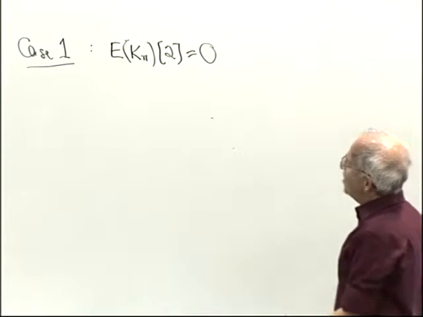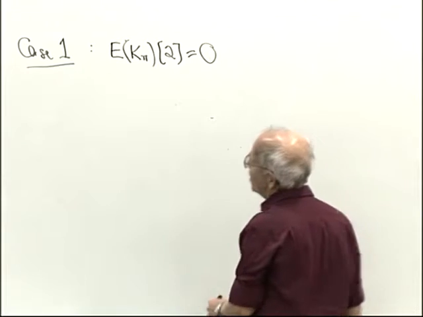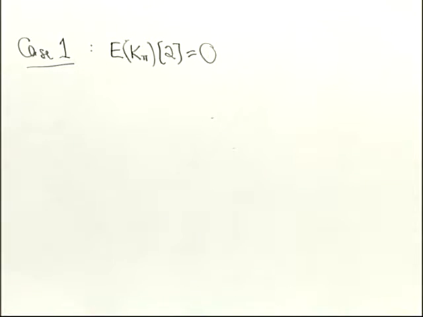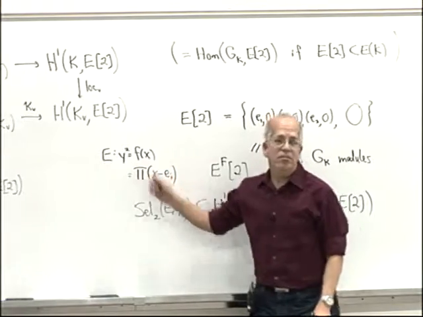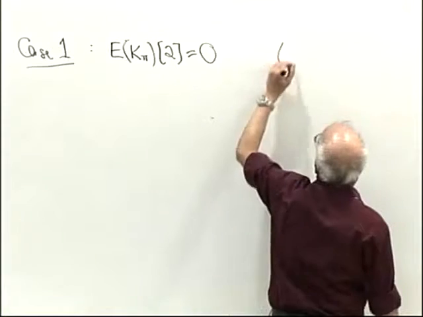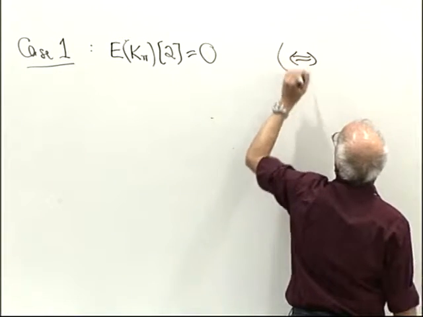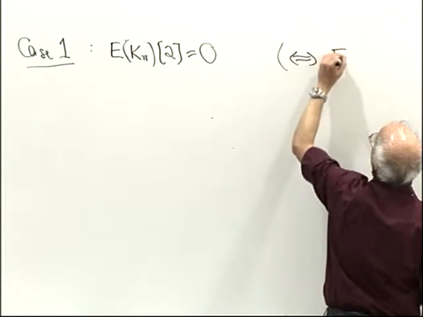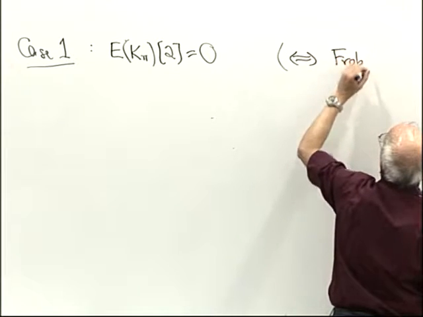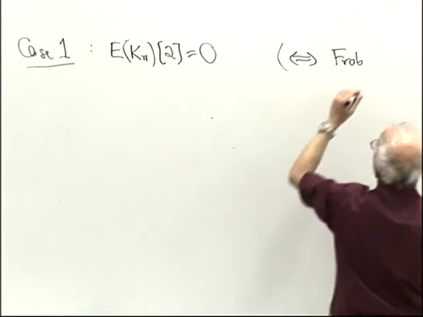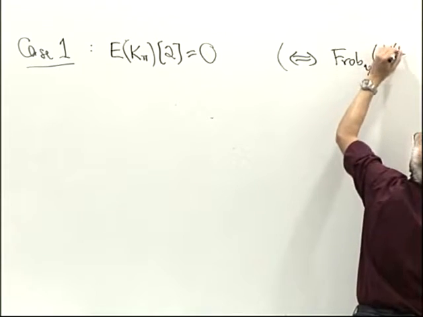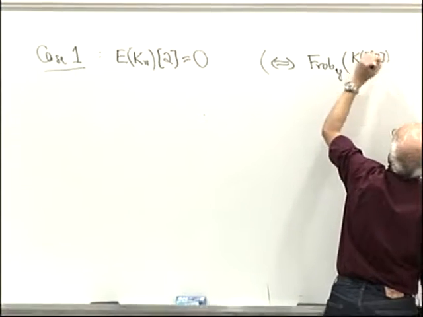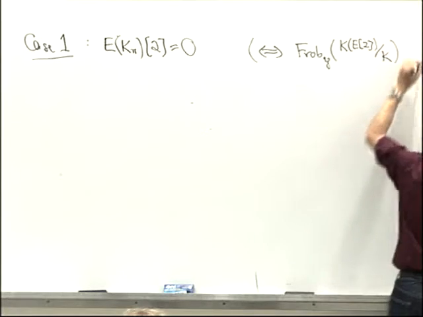Okay, and so when does that happen? That's going to happen if this polynomial f, little f, has no roots in K_v, or equivalently, so that'll happen if and only if the Frobenius of the prime P in the extension field of 2-torsion has order 3.